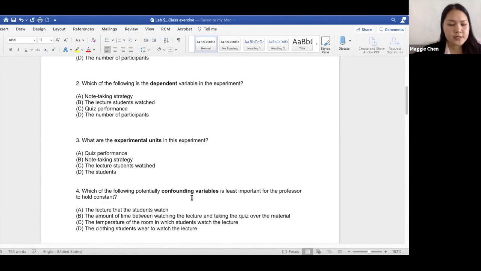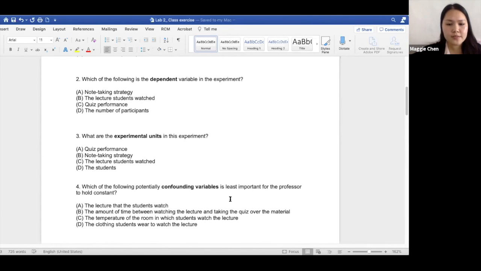Which of the following potentially confounding variables is least important for the professor to hold constant? So confounding variables are held constant to make sure that we're not interfering with our experiment's outcome.